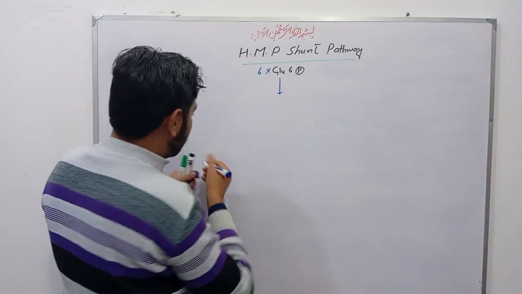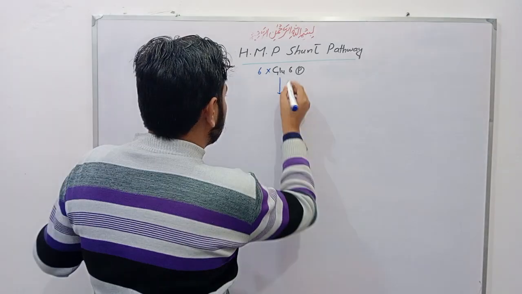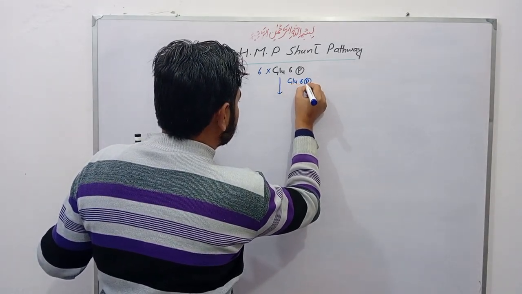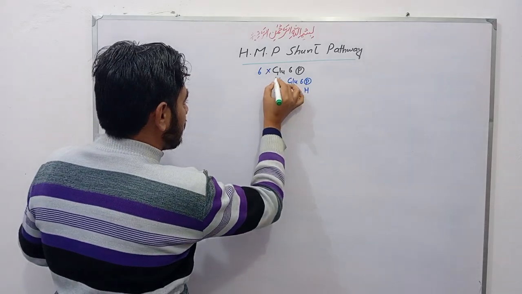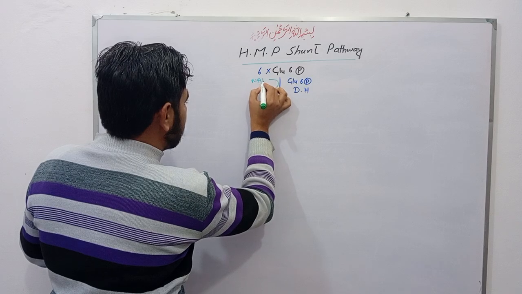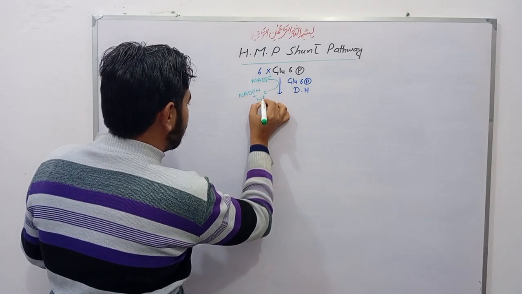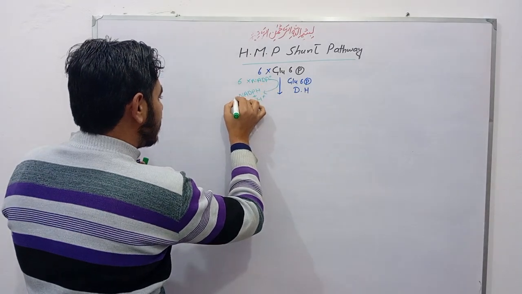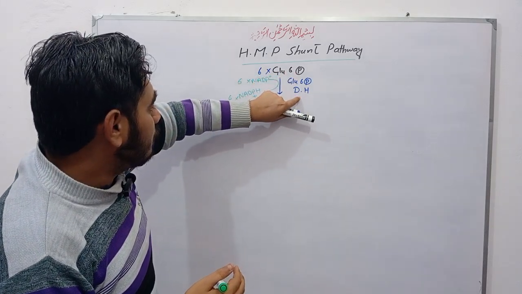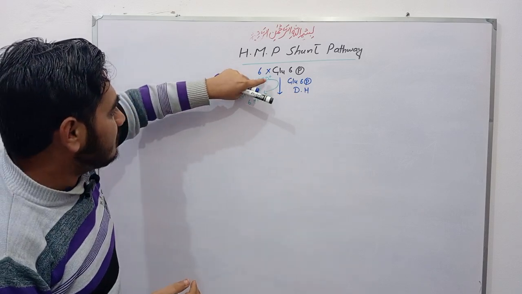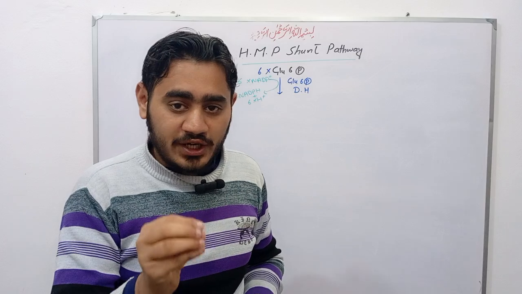With the help of glucose 6 phosphate dehydrogenase enzyme, NADP plus converts into NADPH and H plus, and we will consider 6 molecules of NADP plus here. So the six molecules of glucose 6 phosphate, with the help of glucose 6 phosphate dehydrogenase enzyme, and there is removal of 6 molecules of NADP plus which convert into 6 molecules of NADPH and 6 molecules of H plus, and there is a formation of phosphogluconolactone.